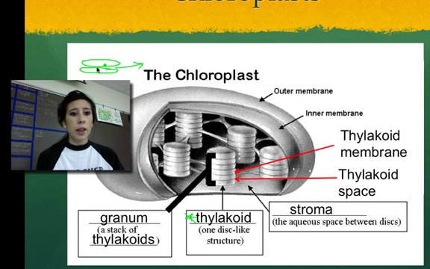So you've got a thylakoid membrane, and in between two discs is the thylakoid space. You've got an entire stack of thylakoids, and that is called our granum. And then this outermost space within the chloroplast, outside of the thylakoids, is the stroma.